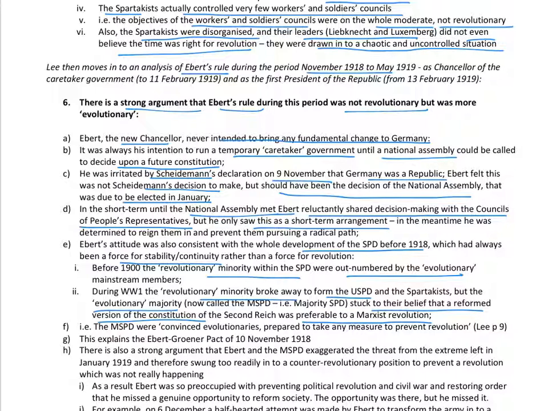In other words, the majority SPD, of which Hebert was the leader, were convinced evolutionaries prepared to take any measure to prevent revolution. A useful quote by Lee there. And that explains the Hebert-Groener Pact of the 10th of November 1918.